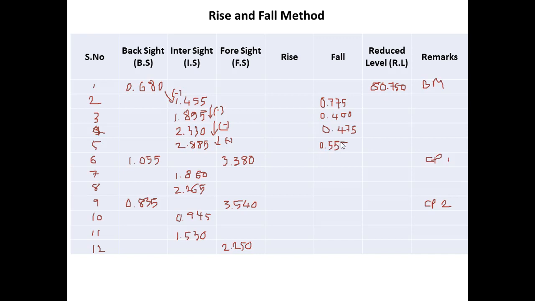From the first reading to the last reading it is sloping ground, so we get all the values in minus, and all the values we have to write under the column of fall. This is for our notification I am telling. Next, 2.885 minus 3.380 gives minus 0.495.